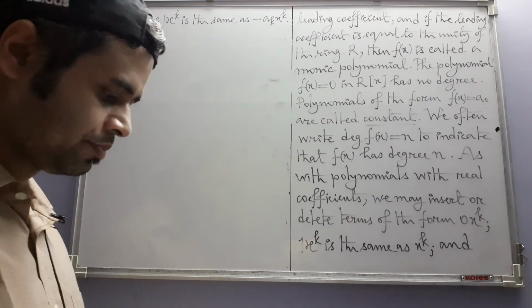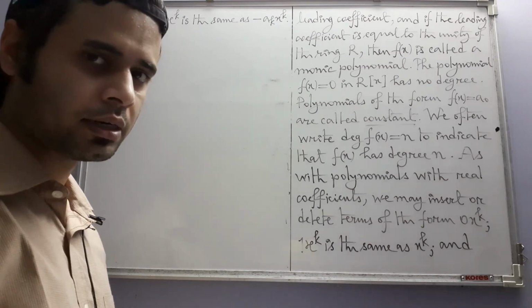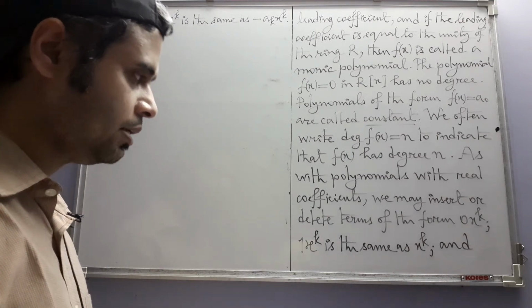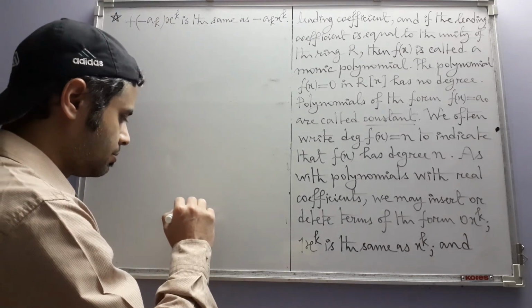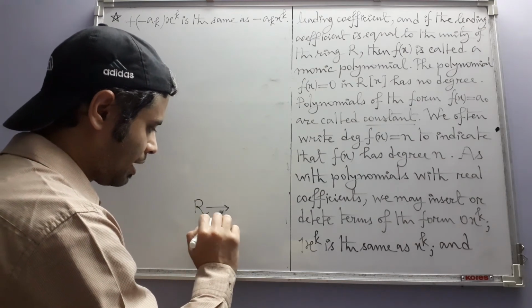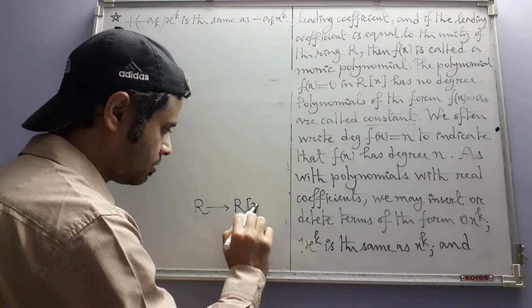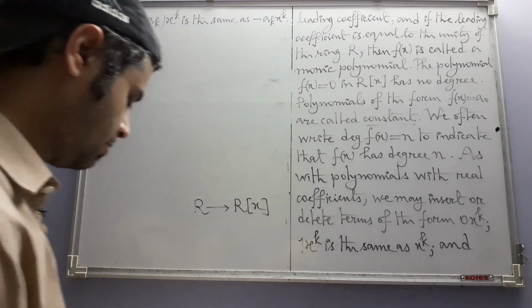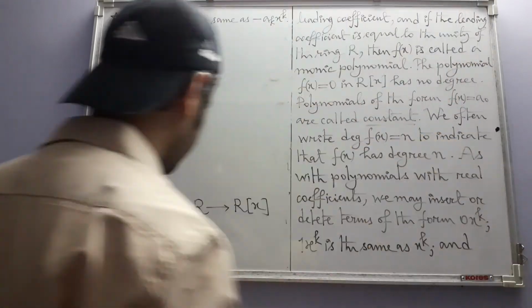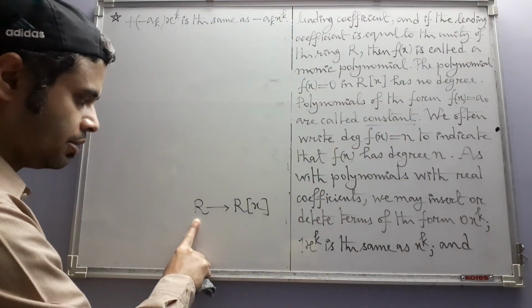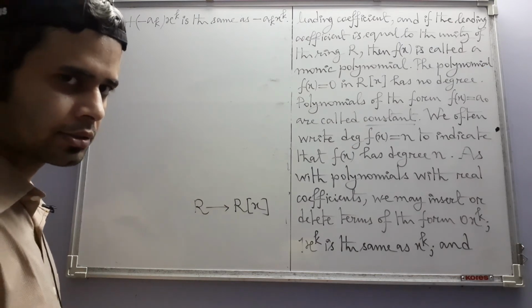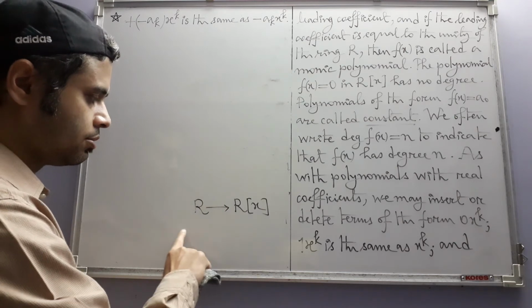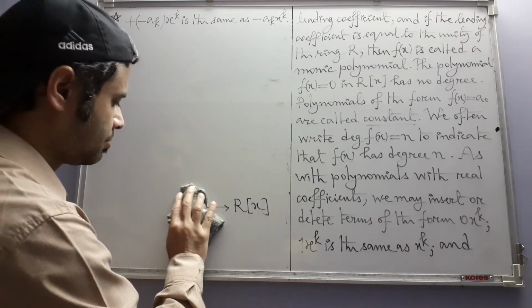Okay, now next we look at the first theorem of this chapter. Many properties of the ring R carry over to the polynomial ring Rx. The very first one that we are going to see here is that if R is an integral domain, then so is Rx. The nature of being an integral domain gets carried over to the polynomial ring.